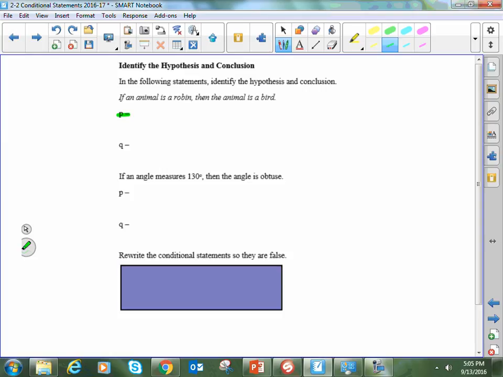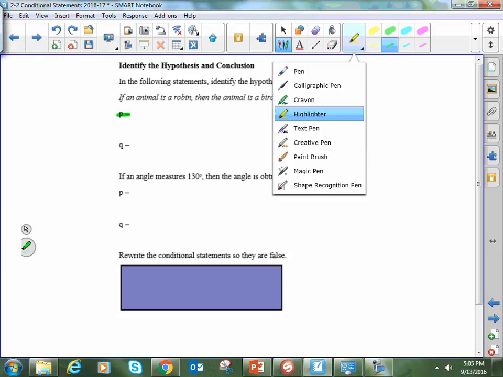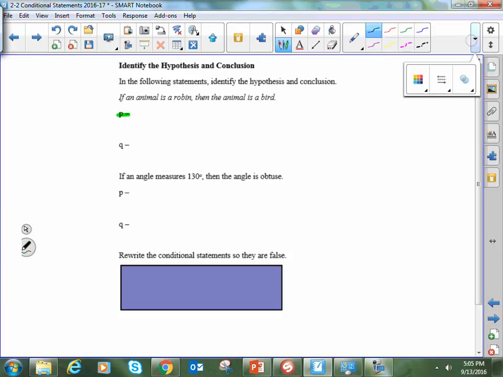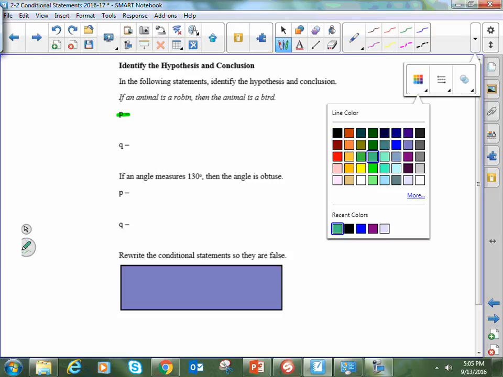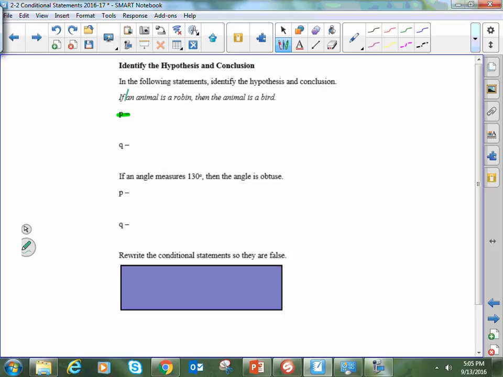Okay. Well, I don't know if we can see that. I don't want to highlight over it and you not be able to see it in the video anymore. Let's go back to pen and green. So I will box the hypothesis. So if an animal is a robin, that is the hypothesis. And if you want to, you can write it out, and we say an animal is a robin.